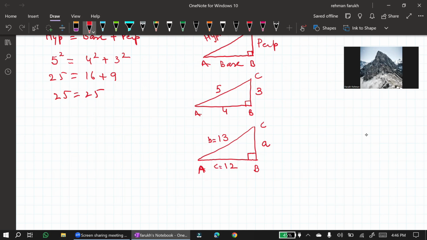As we know that this one is a 90 degree triangle, we can apply the Pythagoras rule on this triangle. According to Pythagoras rule, hypotenuse square is equal to base square plus perpendicular square. Now hypotenuse is 13, base is 12, and the perpendicular is unknown, which is a.